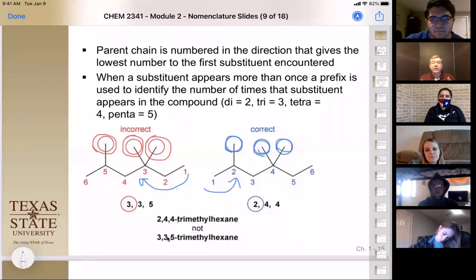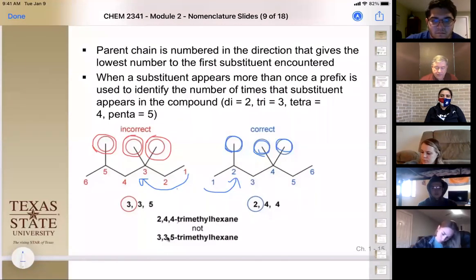Okay, now cool thing is if they're all the same substituent, like a methyl group or an ethyl group or a propyl group, you can actually designate that by saying that it's a dimethyl, trimethyl, tetramethyl, etc. By adding a di in front of it, it means you have 2 of them, 3 of them, 4 of them. Okay, so that simplifies the name. However, you still have to identify each carbon that those methyl groups are on.